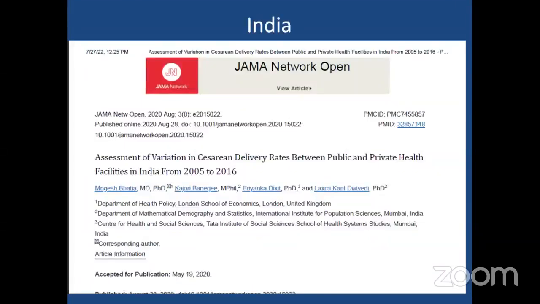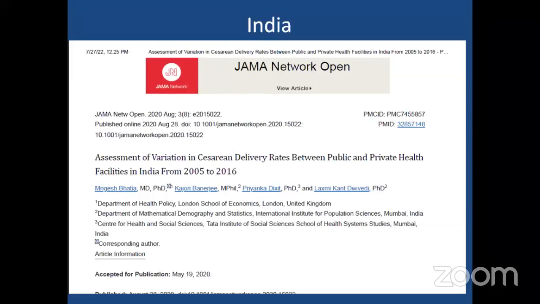Now coming closer home, this is a paper from India. And this is showing variation in cesarean delivery rates between public and private health facilities in India from 2005 to 2016. So going by what information I gave you in the previous slides, these authors decided to check whether whatever is being said is true for the country of India.